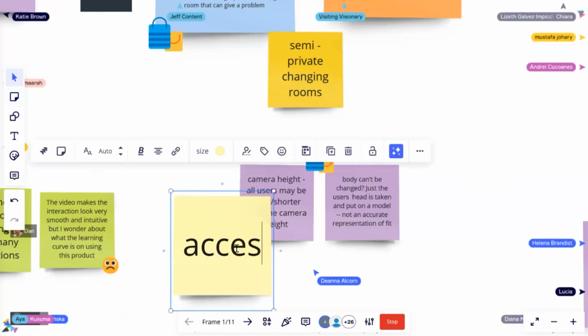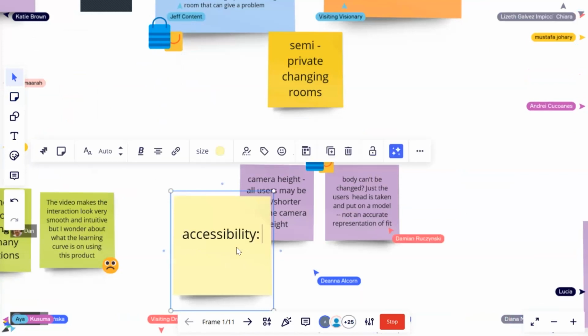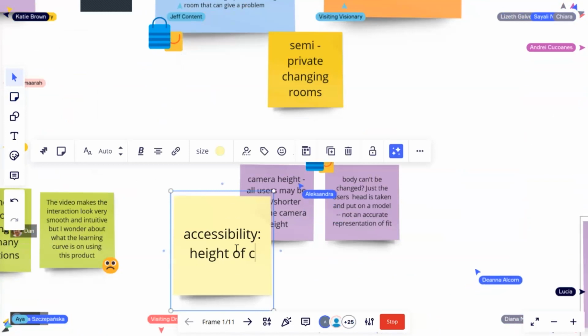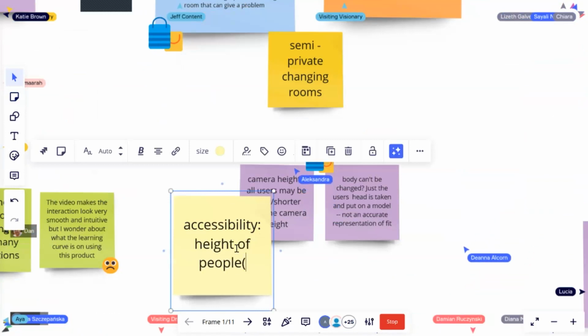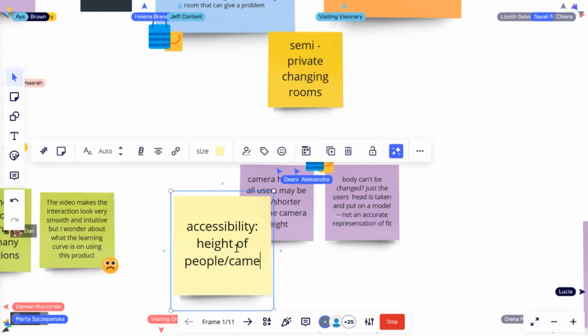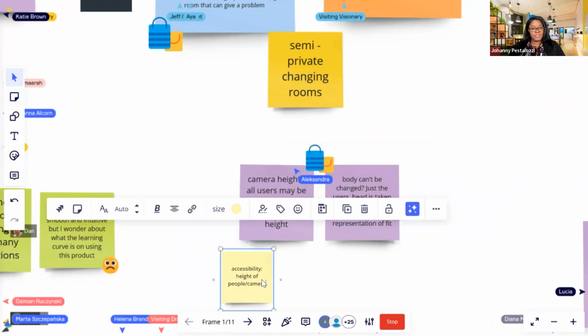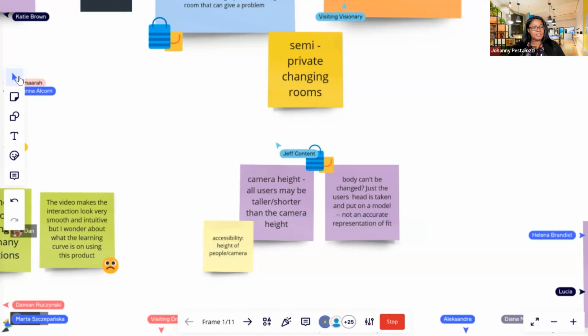Yeah, and then I also noticed that the body measurements didn't seem like they could be changed. So it seems as though it just takes a photo of your face and then copies and pastes it onto a model's body. So it doesn't actually show an accurate representation of how the garment will fit on someone. Okay, perfect. Thanks a lot. This is really, really nice.